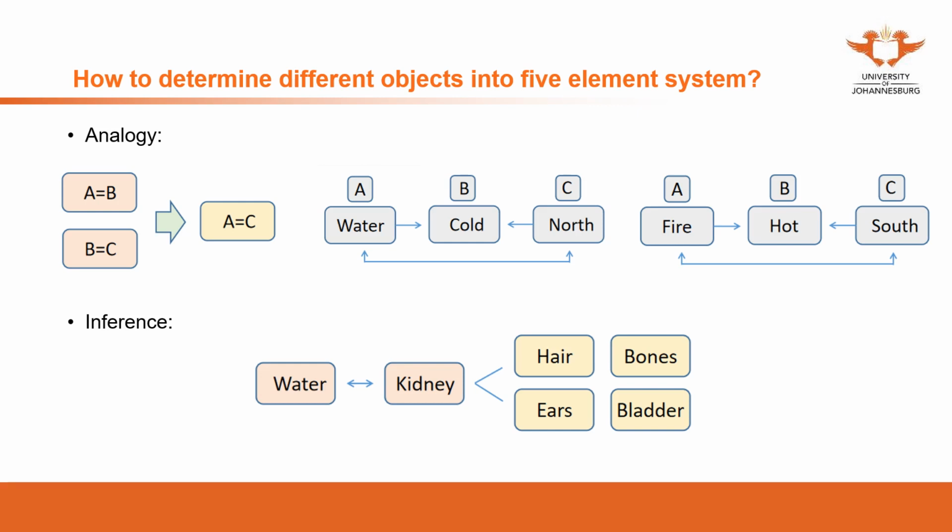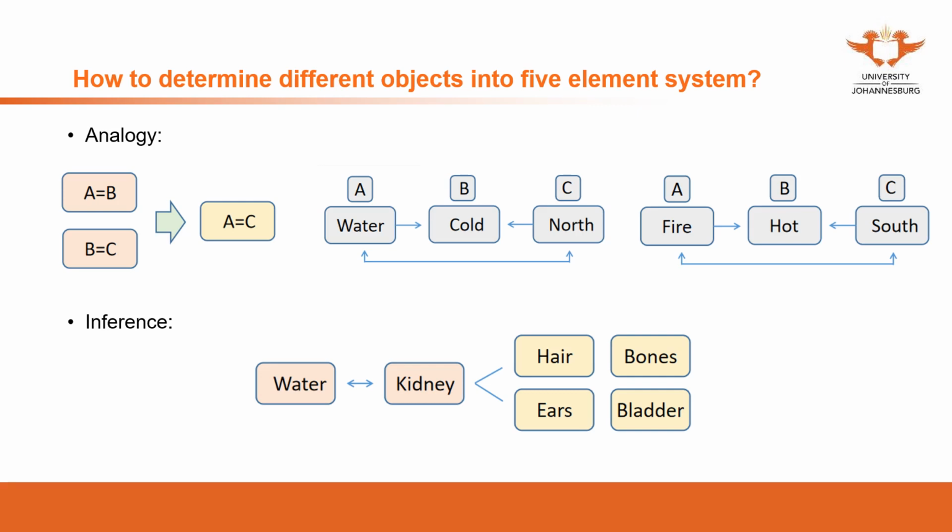That's why we said the southern part is the fire. So from the analogy, A equals B, B equals C, we will know that A equals C. That's similar. Why do we put water, cold, and north together?